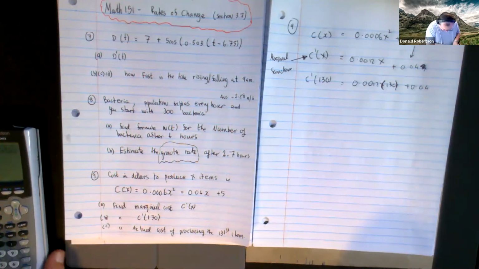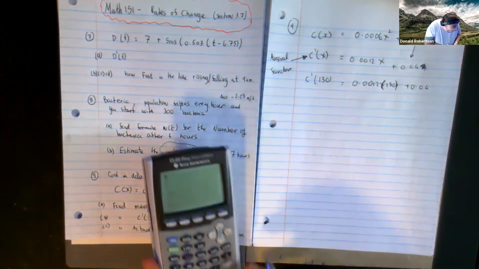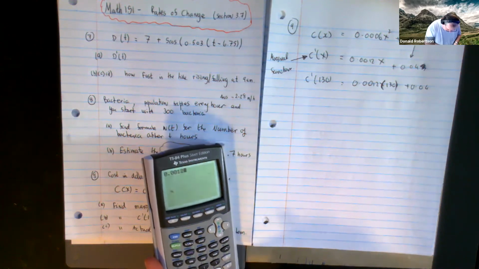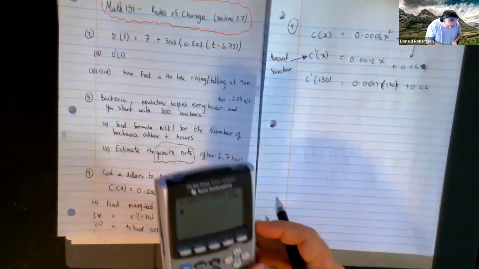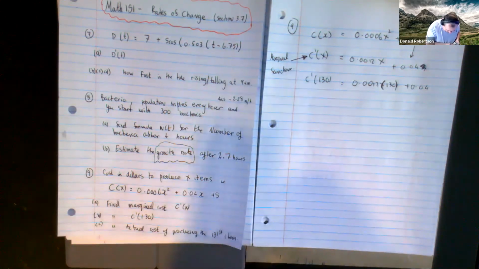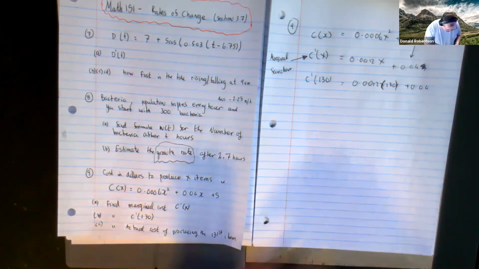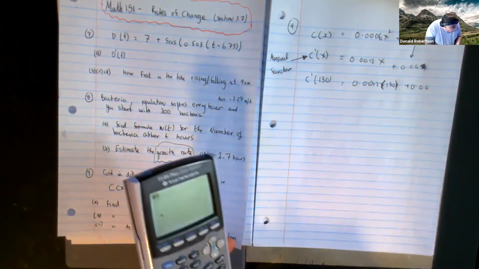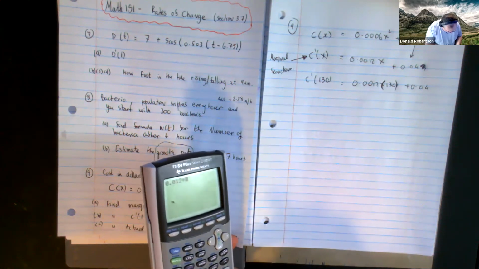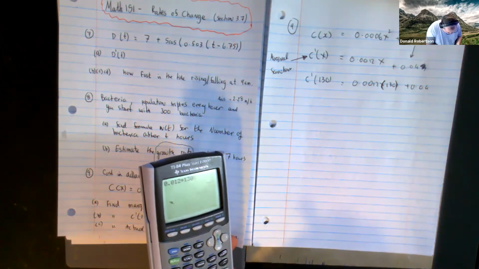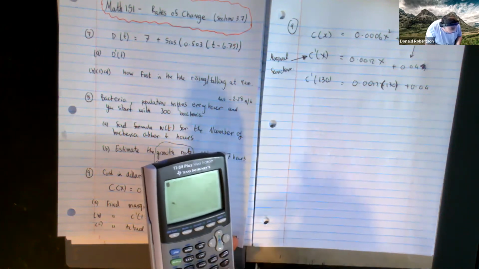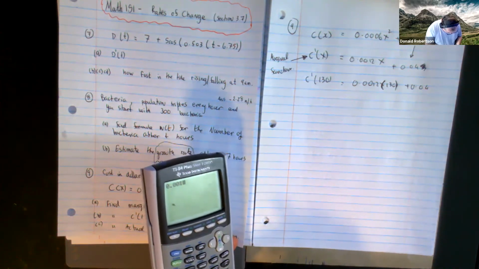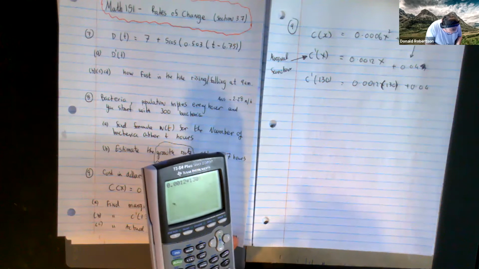And I guess I should do that: 0.0012 times X, which is 130, add 0.04. That's not right. What's missing? Oh, it's 130. Okay, 0.012 times 130. That looks better. Add 0.04.